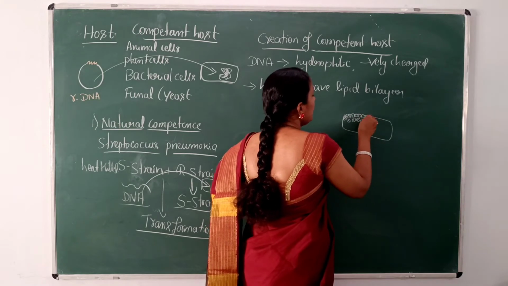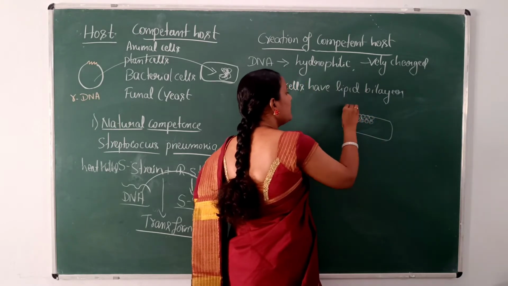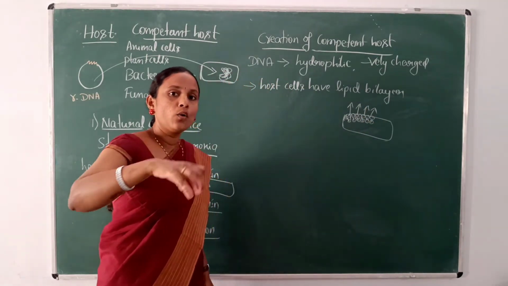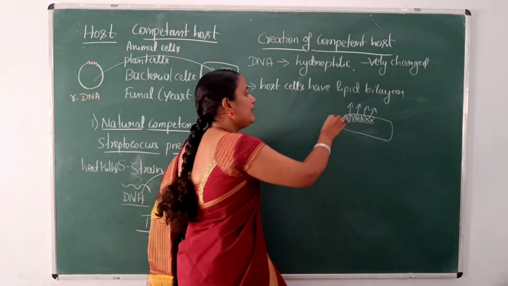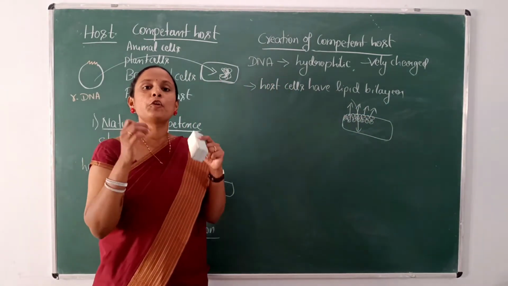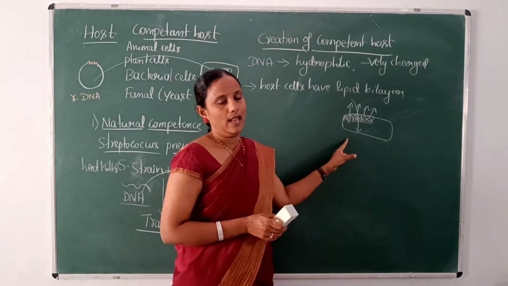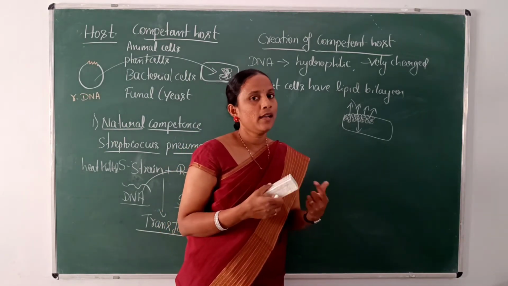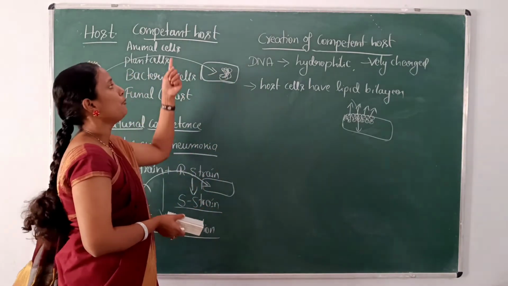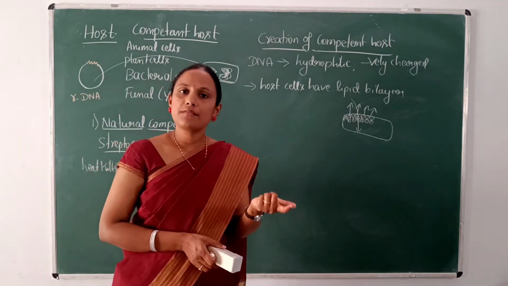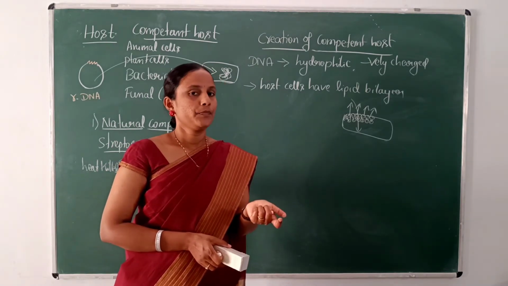Since the lipid bilayer is hydrophobic, it will repel the DNA and not allow it to enter the cell easily. So for that reason, we have to make this cell a competent cell, irrespective of which type we are using, either plant, animal, bacterial or fungal.